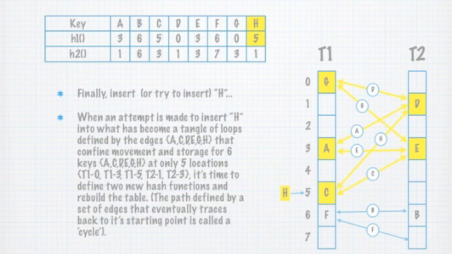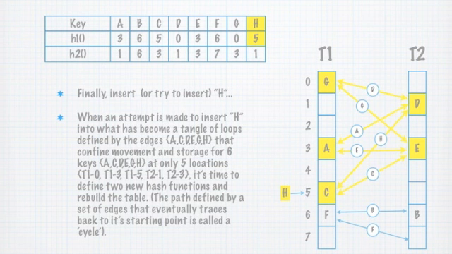The only advantage 2 tables really get you, at least as far as the code is concerned, is that you always know which hash function to use on a key when you have to regenerate. If it's in table 2 and you need to move it to table 1, you use the hash function h1. If it's in table 1 and you need to move it to table 2, you use hash function h2.